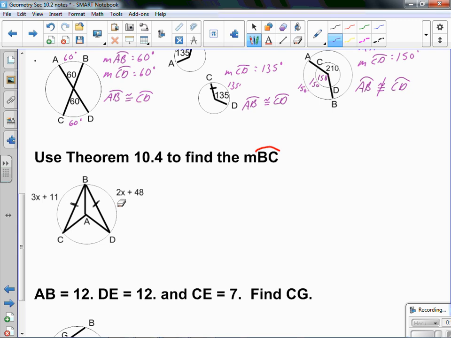So in order to solve for the x, which it's not just asking us to solve for x, it's find the measure of arc BC. So we need to find the x and then plug it in, figure out the measure of BC. But we do know that since those chords are congruent, the two arcs are congruent. So to start off, we're going to say 3x plus 11 equals 2x plus 48.